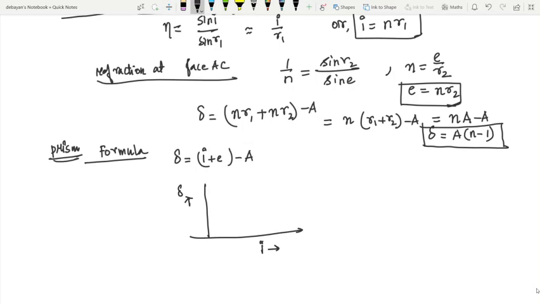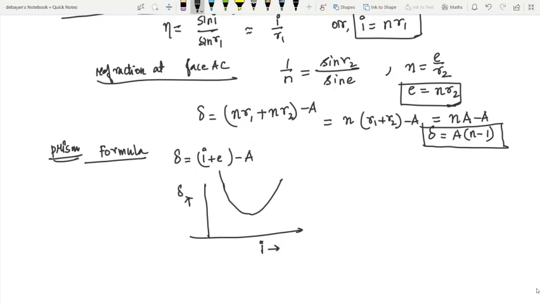we will find that as the angle of incidence of light increases, the angle of deviation decreases till it becomes a minimum at a particular angle of incidence. What does it mean? It means that as the angle of incidence increases, the angle of deviation will reduce up to a certain point, and after that it will again increase like that.